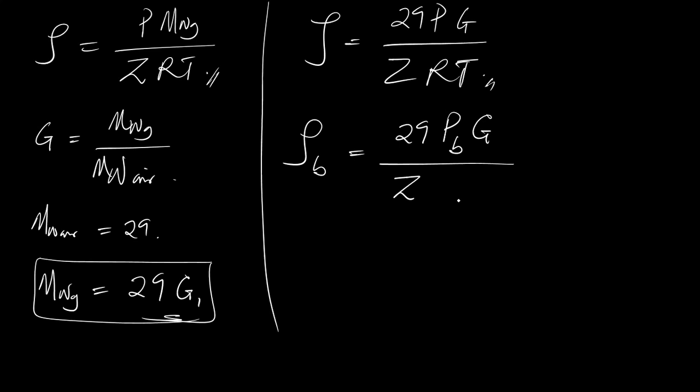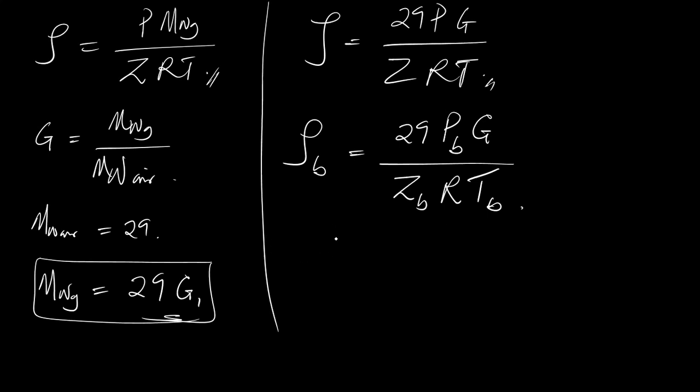Then the compressibility factor changes with conditions. So the compressibility factor at the standard condition is Zb, then our gas constant is constant. Then the temperature changes with condition too. So that is what we have here now.